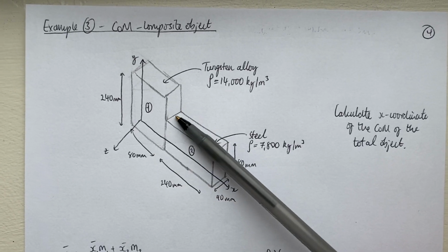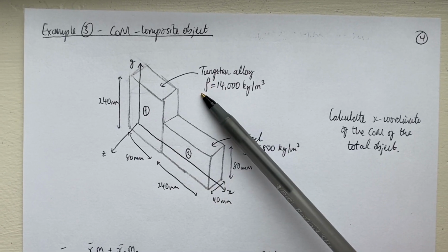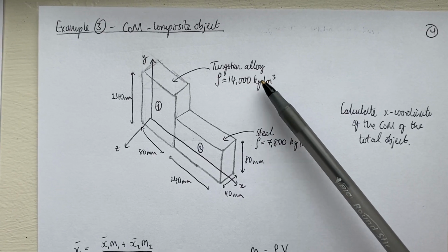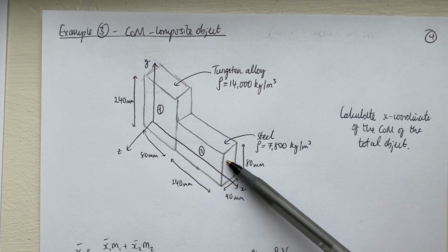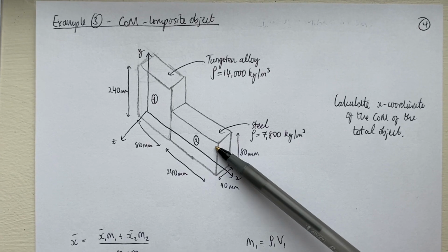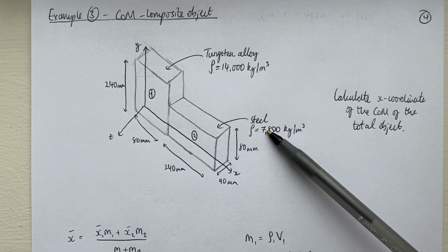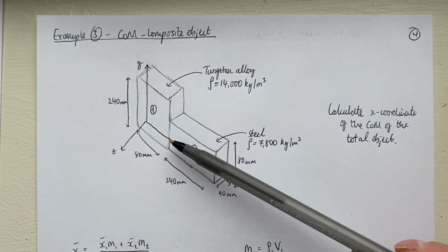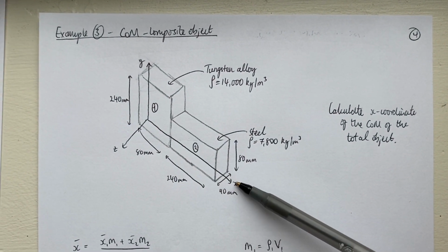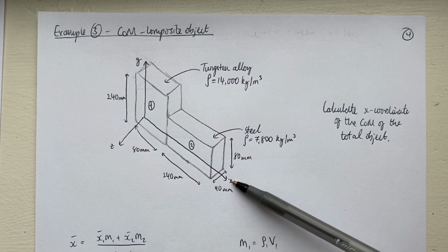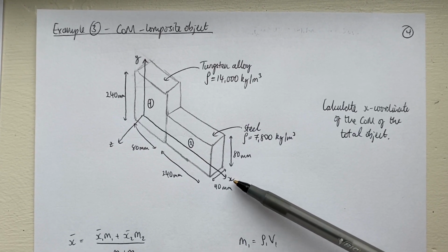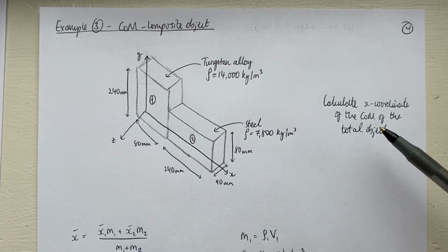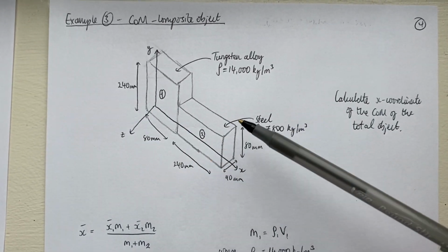The first is a tungsten alloy which has a density of 14,000 kilos per meter cubed, and the second piece is made of steel which has a density of 7,800 kilos per meter cubed. We have dimensions of all of these pieces, and we know that it's centered on the x-axis. And the question is to find the x-coordinate of the center of mass of the total object.